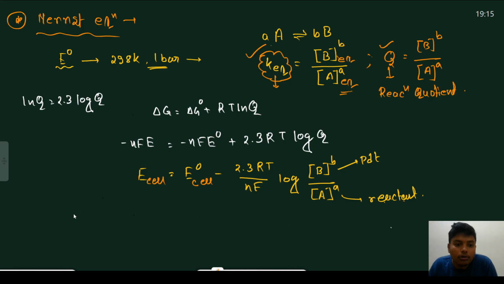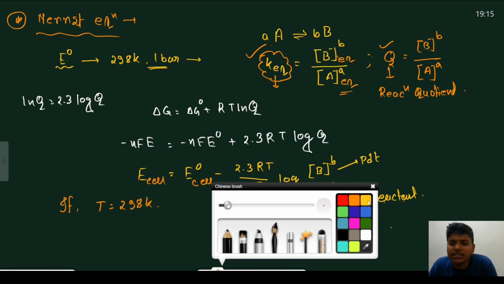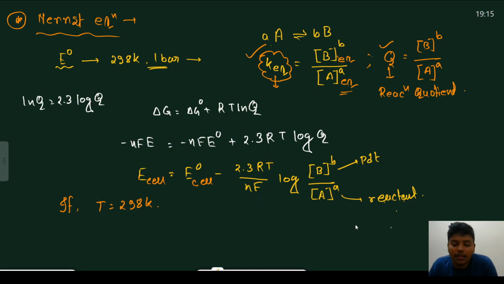Yes, sir. Now, if temperature is 298 Kelvin, pressure can be anything, volume can be anything. If I put the values, E cell as it is, E naught cell as it is, so 2.3, R value is 8.314, T value 298 Kelvin or 25 degrees Celsius.